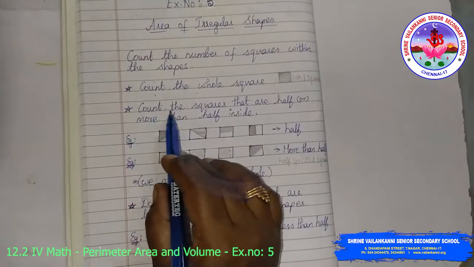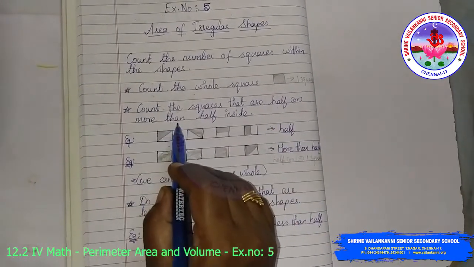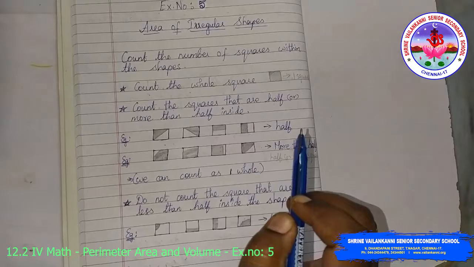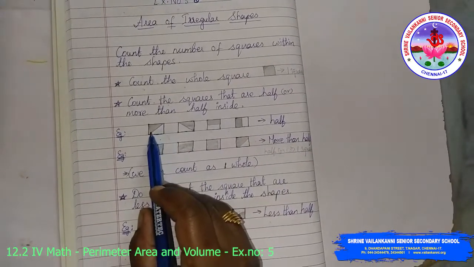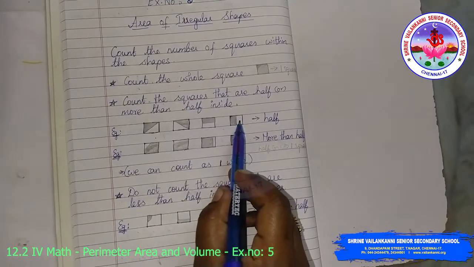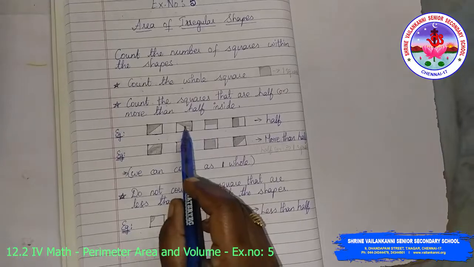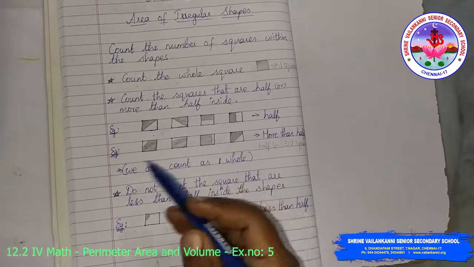Second point, count the squares that are half or more than half inside. For example, I have shown here. See, half means like this: half shaded, exactly half is not shaded. It can be in any direction, in any shape, even like a curve.